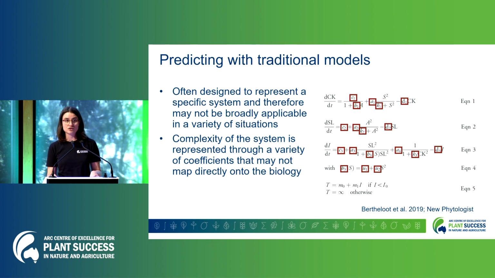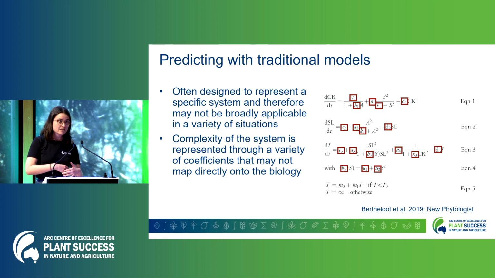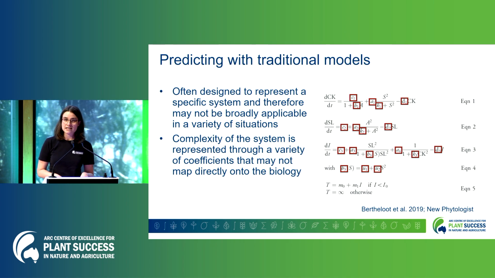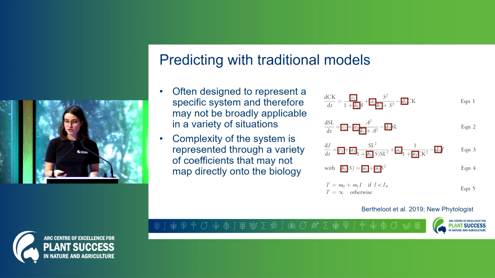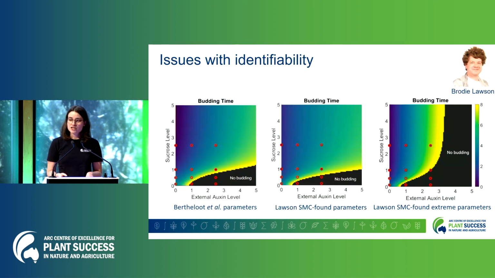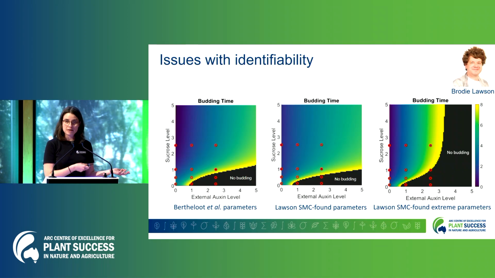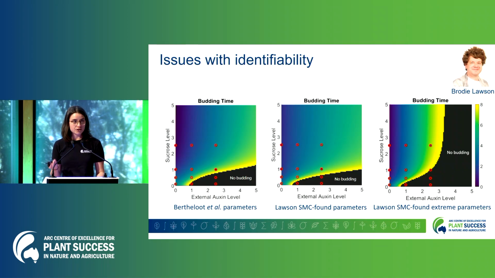That could be due to lack of funding or lack of technology in terms of being capable of measuring these parameters. As a result, you might do a massive parameter screen to try to find a combination of parameters that fits the biological data. This is a figure that you might remember from last year, produced by Brodie Lawson.